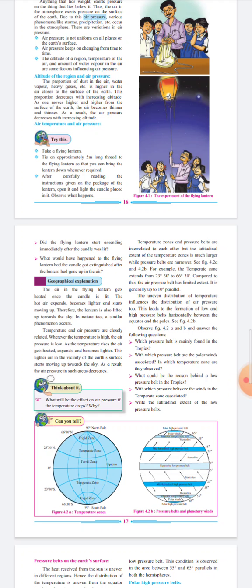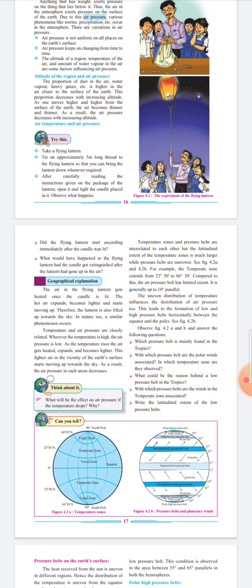Let's study the equatorial low pressure belt. The equatorial low pressure belt starts from 5 degrees north to 5 degrees south. In this region, sun rays are perpendicular from Tropic of Cancer to Tropic of Capricorn. Temperature is higher in this region. It is the torrid zone. As temperature is higher, air expands, becomes light, and moves towards the sky.